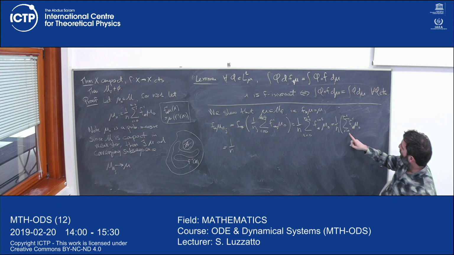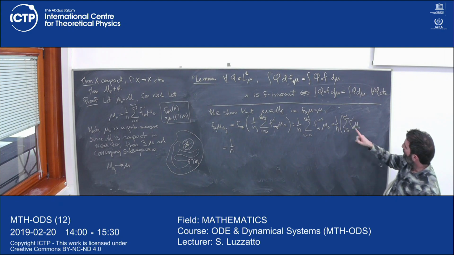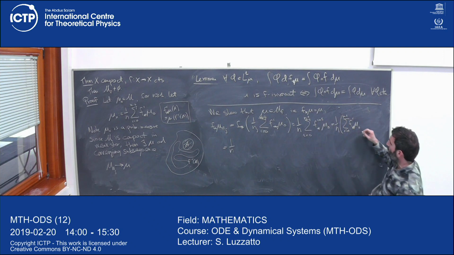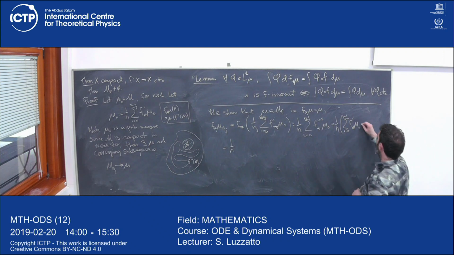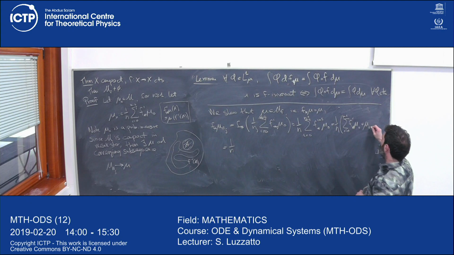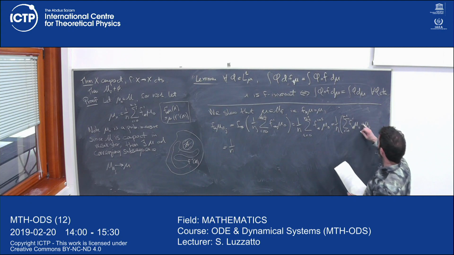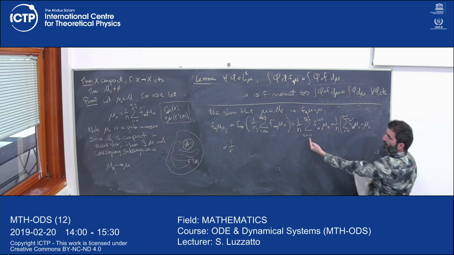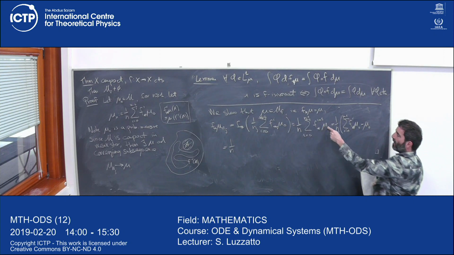Now when i equals 0, this is just mu 0, but here I do no longer have that, so I need to subtract mu 0 from this, because mu 0 is no longer included in this, because when i equals 0 I have F star mu 0.